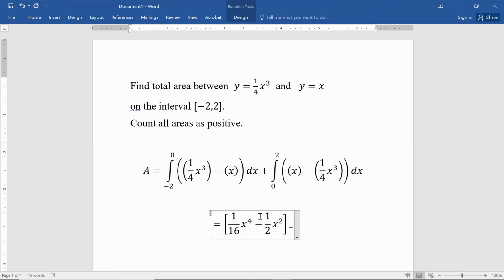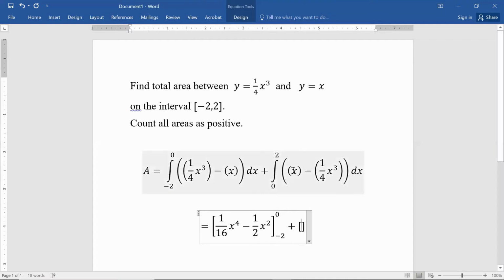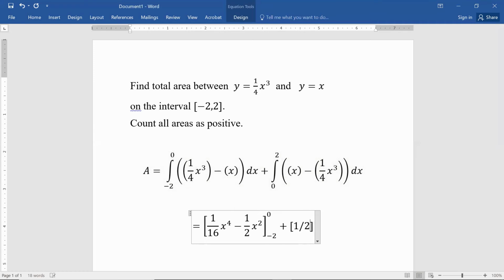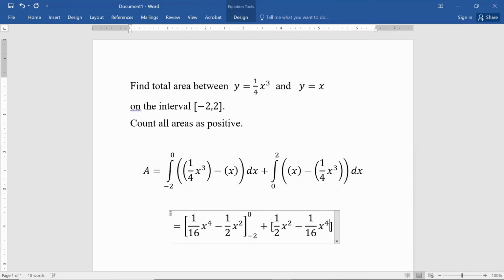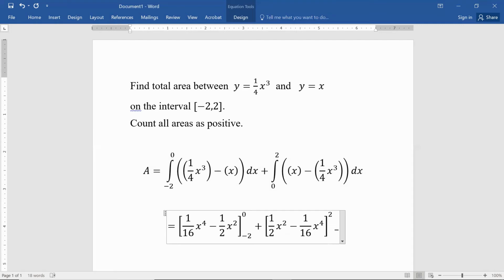That is going to be from -2 to 0, so I'm going to be plugging in a -2 and a 0. And then I'm going to do something very similar. An antiderivative of x is 1/2 x squared minus 1/16 times x to the fourth. That is going to be evaluated from 2 down to 0.